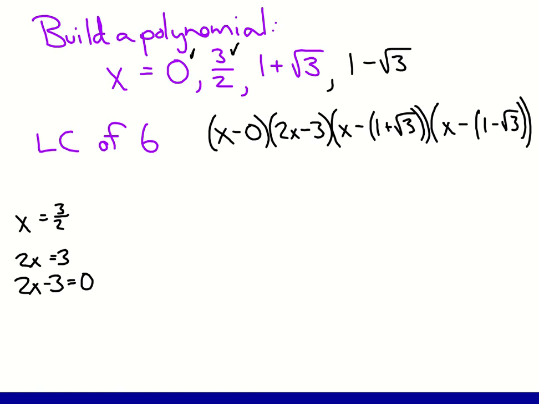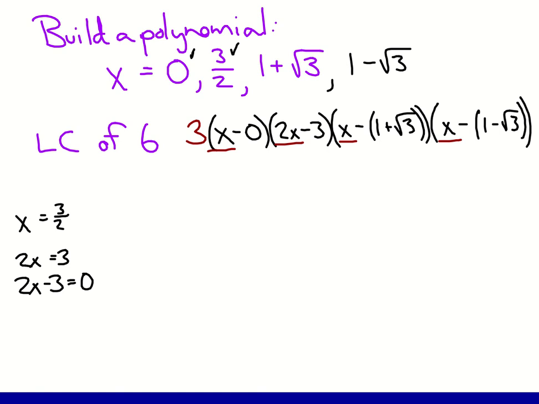If I multiplied all this out, the leading term would be x times 2x times x, which is 2x to the 4th power. If I want the leading coefficient to be 6, I can give this a vertical stretch of 3, and then the leading coefficient will be what I want it to be.